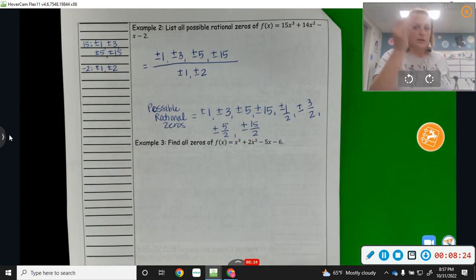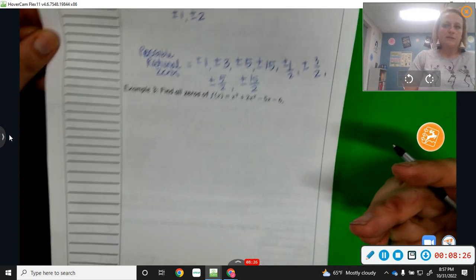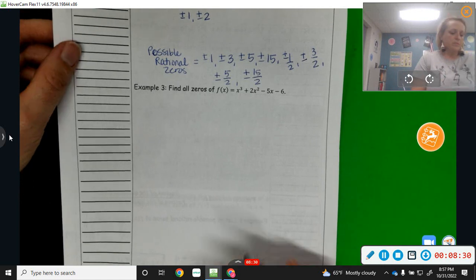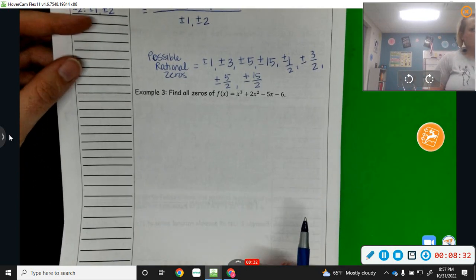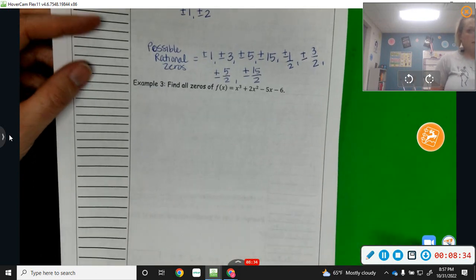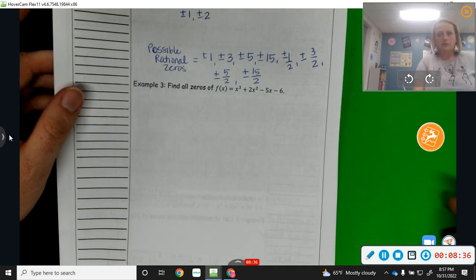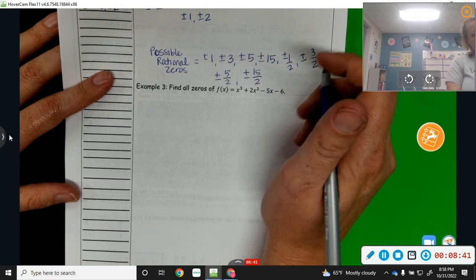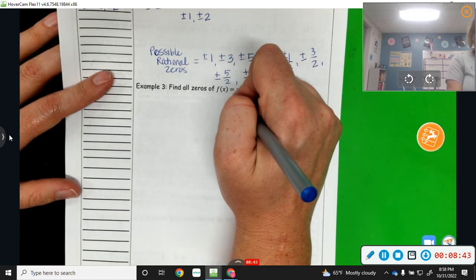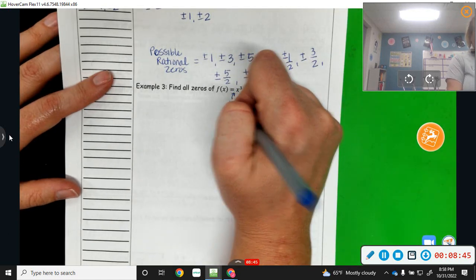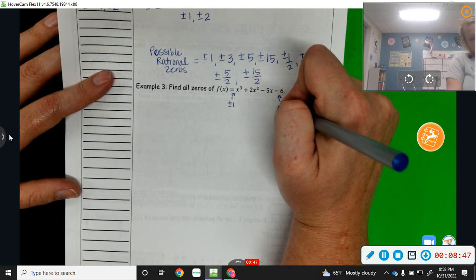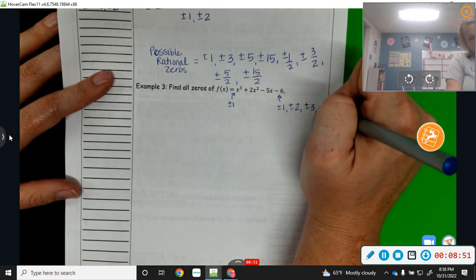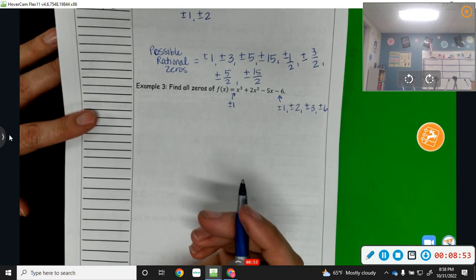Now this is where we're actually going to get into it, where it specifically says, and this is our essential question, how do I use the rational root theorem to solve polynomial functions, and also using everything we know about quadratics with it. Okay, so we're going to find all zeros. So my leading coefficient right here is 1, so this is going to be positive negative 1, and this one is 6, so I have positive negative 1, positive negative 2, positive negative 3, positive negative 6.